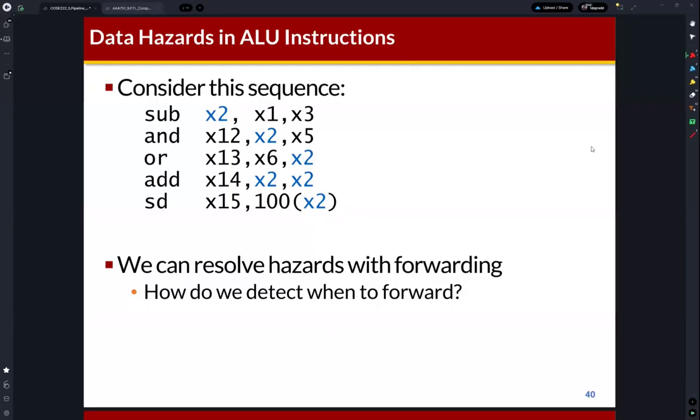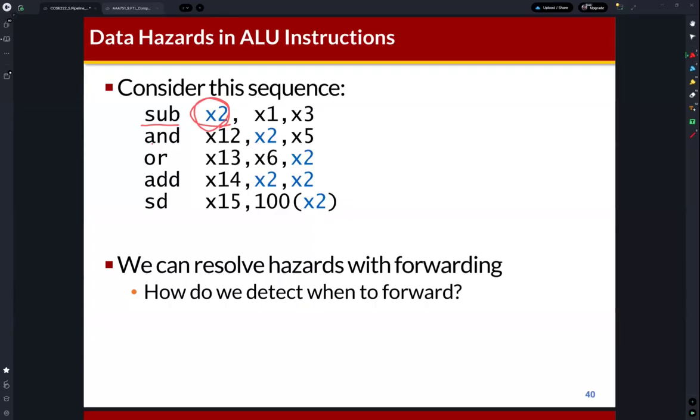So this is the example. You can find the data dependencies in this code. In this example, the sub instruction generates the result and stores this result in x2, and then the following instructions like AND, OR, add, and store instructions use the data generated by the sub instruction, right?